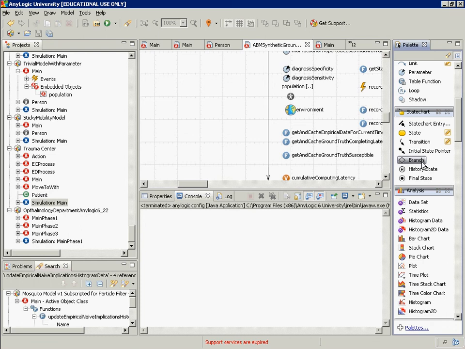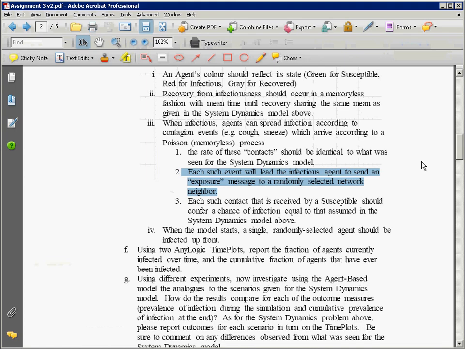Yes, question. So that all makes sense, but there's still confusion between the number of connections and the number of contacts per unit time. I think this becomes a clear difference between the system dynamics model and the agent-based model, in that if you are connected to all recovered people, then your contacts per unit time don't matter, you can't infect anyone.